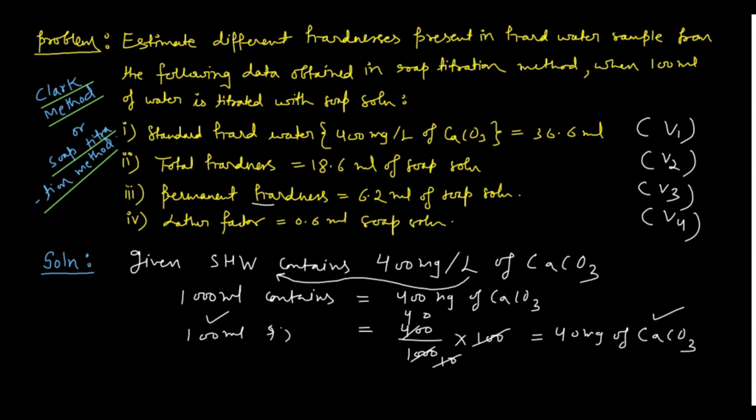Okay, and one more thing, right? Now I am going to move further. First of all, I am doing the calculation. If I go back and read the numerical here, in the first portion, standard hard water is given. That means the process of standardization requires 36.6 ml of the soap solution. So in this particular step, I am going to do the standardization.